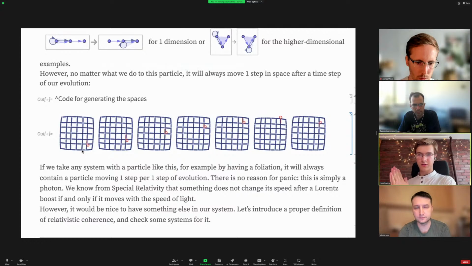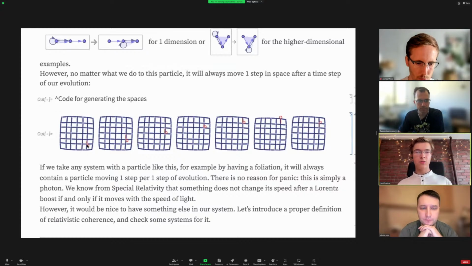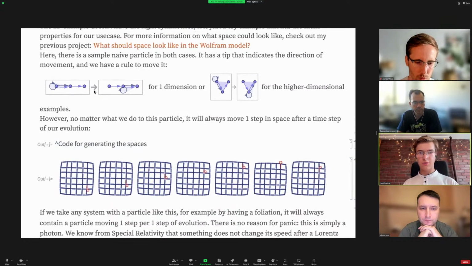If v is not equal to the speed of light, then we just pass to a reference frame that moves with the speed v relative to the original one, and the particle is standing. However, if you look here, we see that no matter what we do to the system, since we have this rule for the movement, if the particle looks like this, it is always just going to move in the direction that the tip indicates.